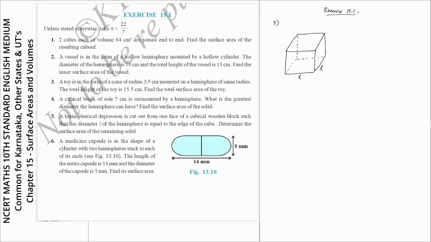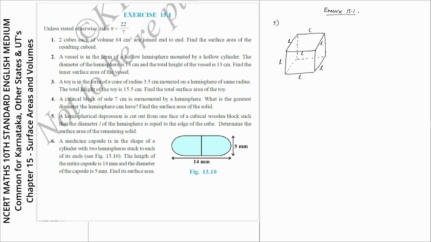So length is equal to L, and breadth is also equal to L, and height is also equal to L units. It may be in centimeter or it may be in meters. Everywhere it is L. And out of this, a hemispherical depression is cut out from one face of the cubical wooden block so that the diameter L of the hemisphere is equal to the edge of the cube.